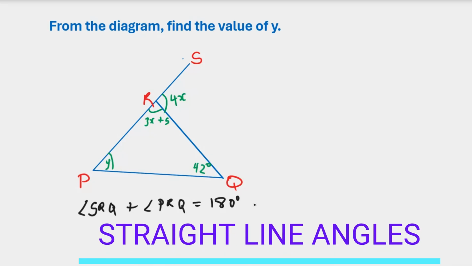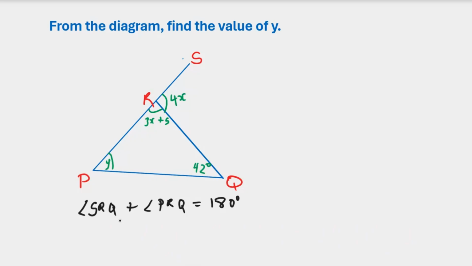They are angles on a straight line. So let's see how we're going to work this one. Angle SRQ is 4x, and this one is going to be 3x plus 5, and that is equal to 180 degrees.